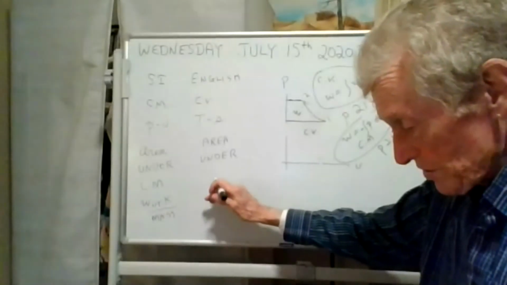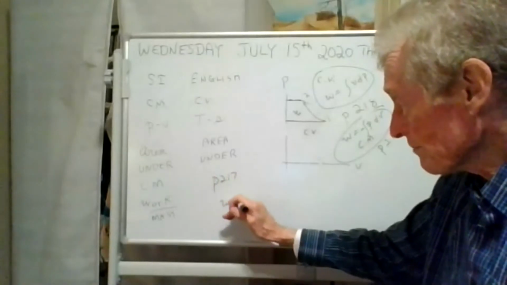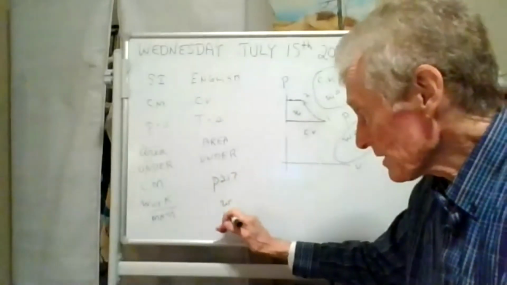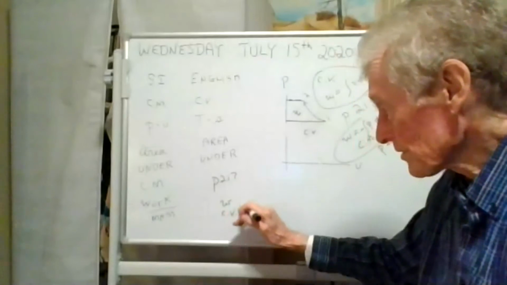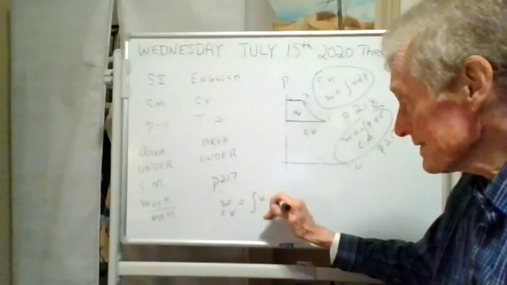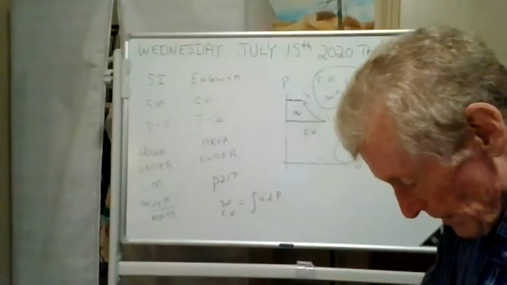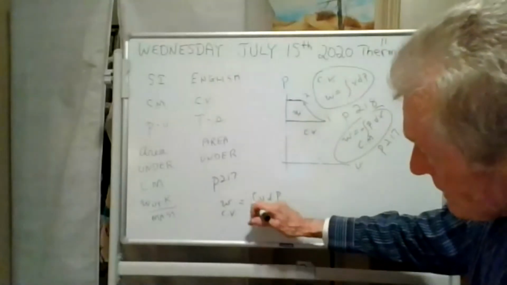This is an equation on page 217, and they said the work per mass done on a control volume is equal to the integral of VdP. It's not PdV, it's VdP, only there's a negative.